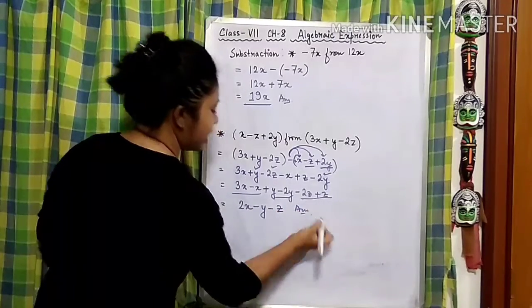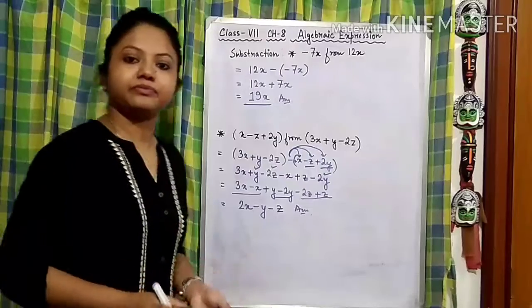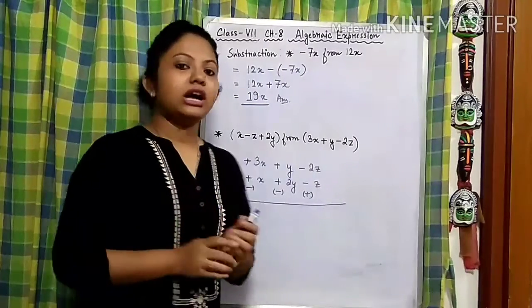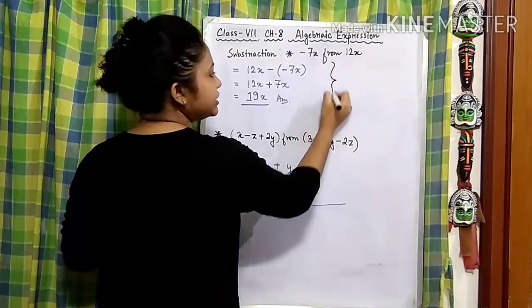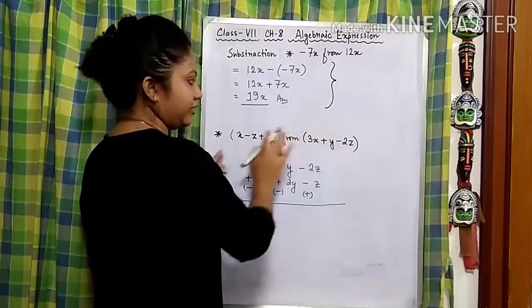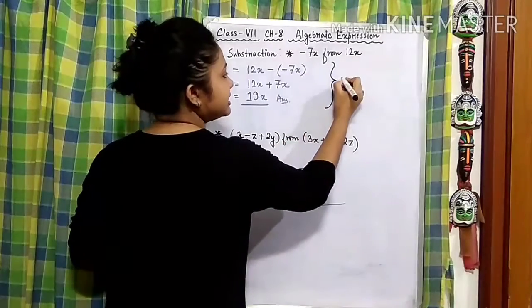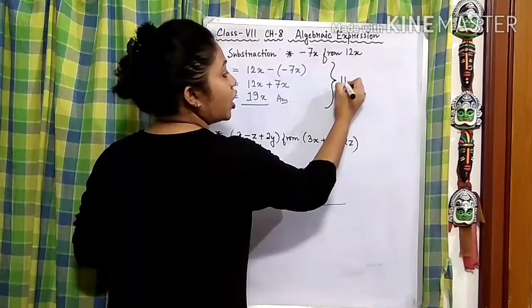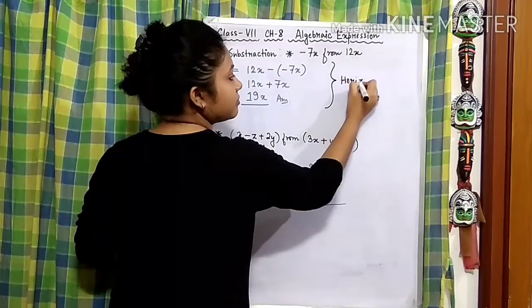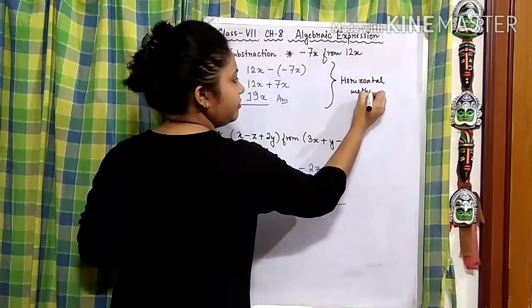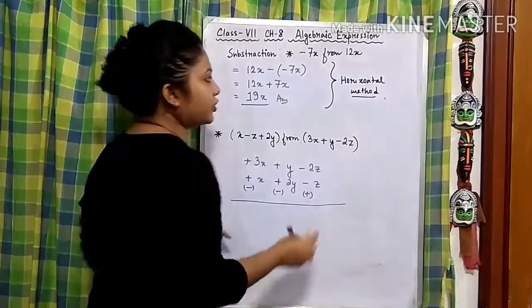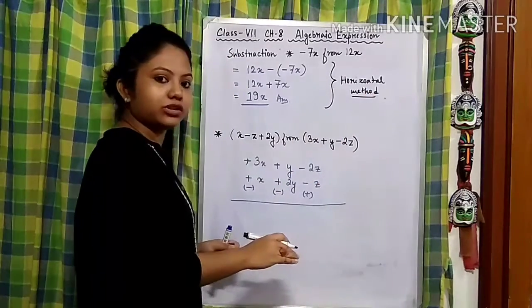This is our answer. The process I have done in this one, and previously for the second one also, is called the horizontal method. Now I am going to show you the vertical method also.